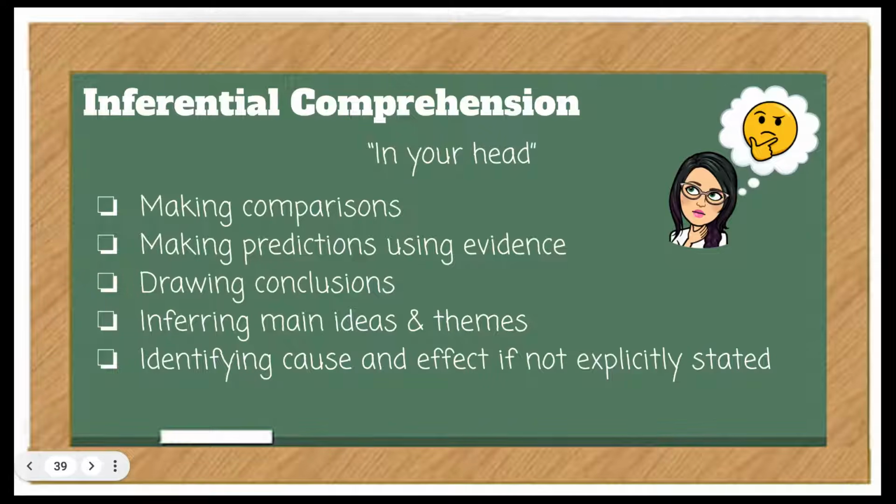For example, I might say to my students, I wonder why the author described the setting this way. And finally, just like vocabulary, we always want to make connections to our prior knowledge. We want to make sure that our students are thinking about their own experiences, other texts that they've read, and even world events, books, songs, movies, to make inferences and make those connections.